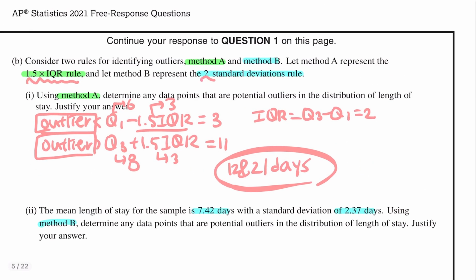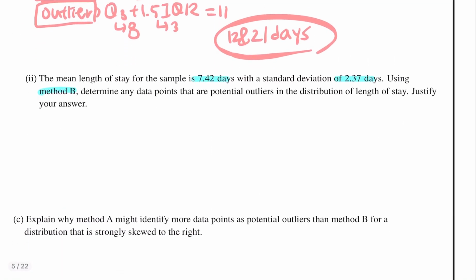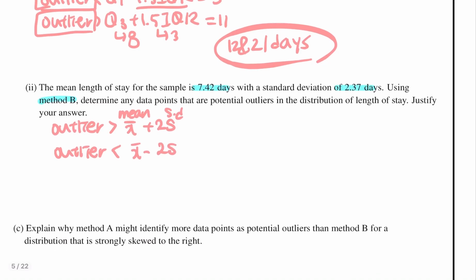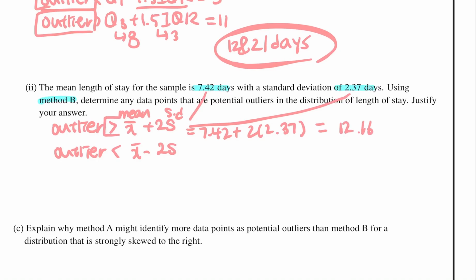The 2 standard deviation rule identifies a number as an outlier if it is bigger than the mean plus 2 standard deviations, or smaller than the mean minus 2 standard deviations. Substituting, 7.42 plus 2 times 2.37 equals 12.16, so any number larger than 12.16 is an outlier.